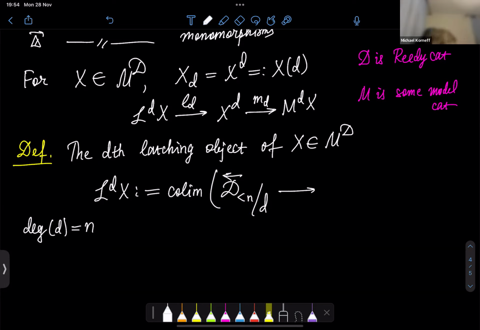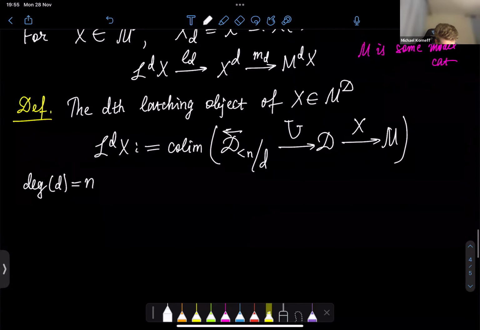So we can form the composition with the forgetful functor, and the colimit of this composition is called the latching object.